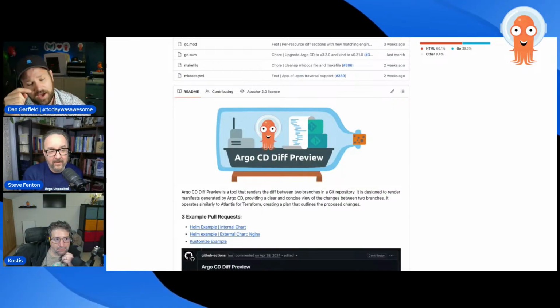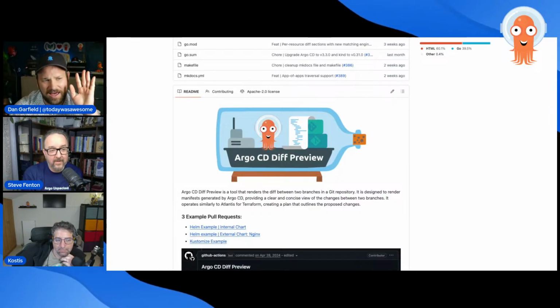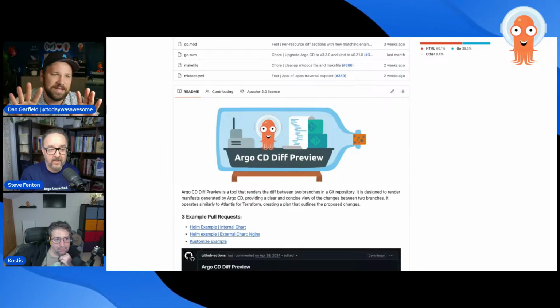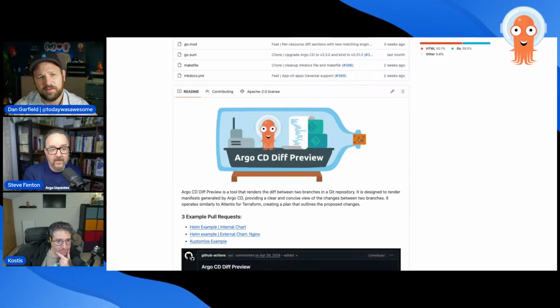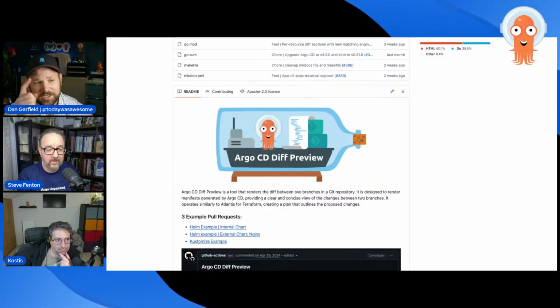It doesn't show you how they would change the applications on the other end. So there's kind of a mash of two different questions here. One is linting, and the other is previewing and diffing. And that previewing and diffing one is actually the better challenge to solve. That's why I do like this Argo CD diff preview that you brought up, Kostas. Great solution. And you can watch the talk from ArgoCon.